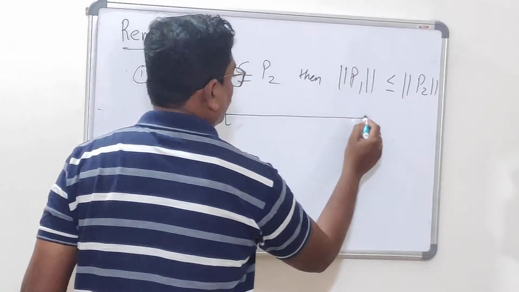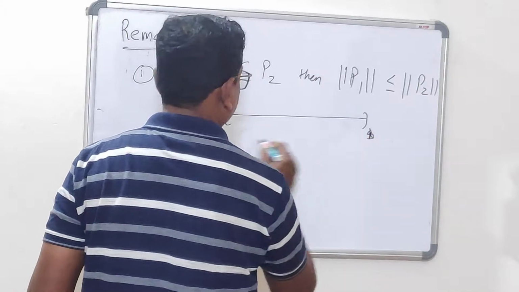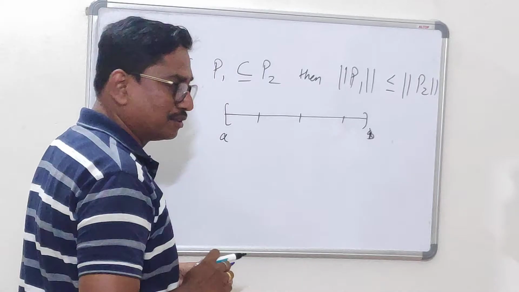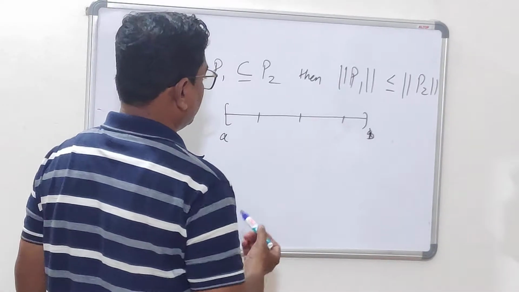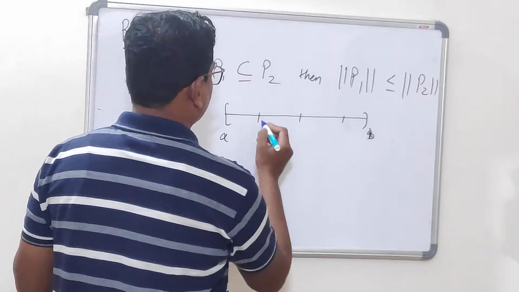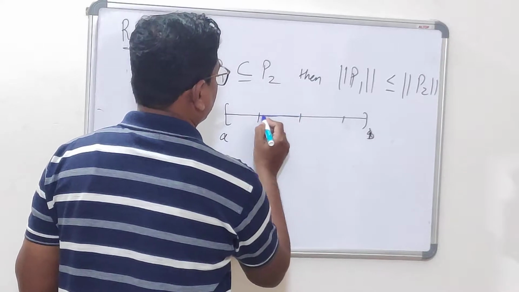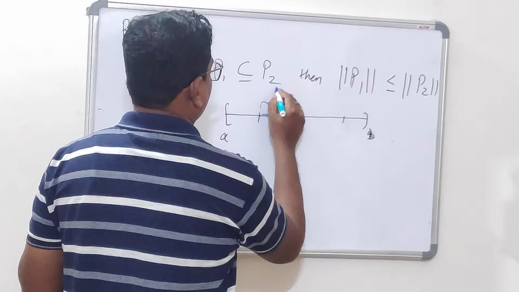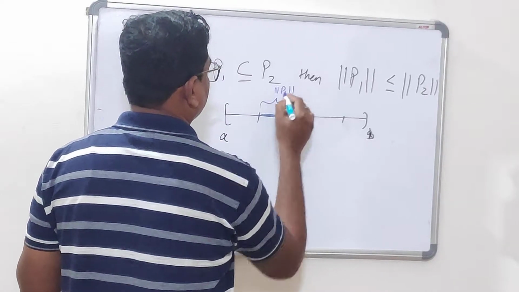I take the closed interval [a, b] and suppose this is one partition. I will assume that this subinterval has the largest distance. This distance I call the norm of the first partition.